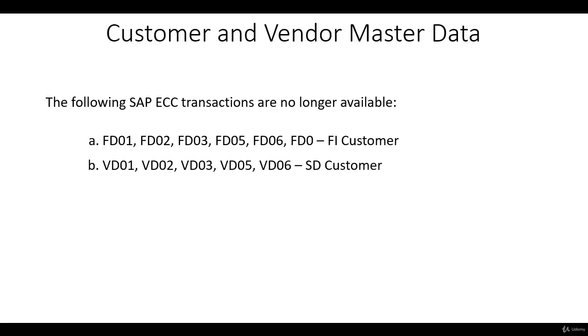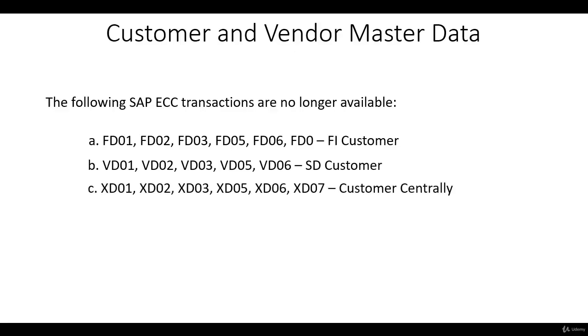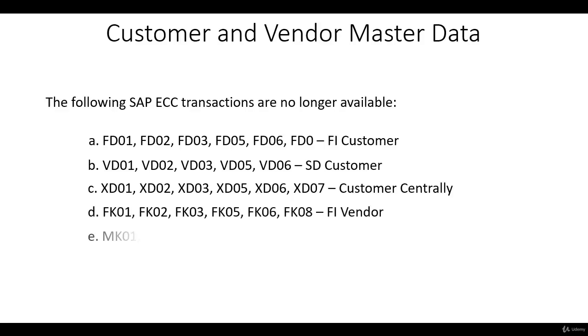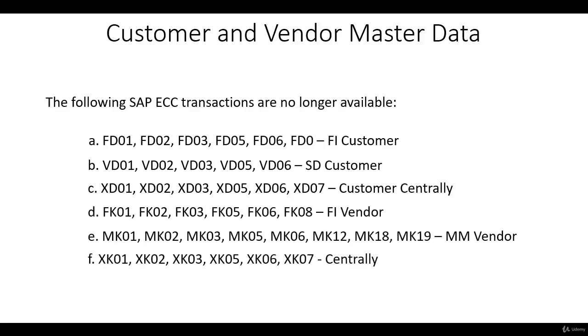So FD01, VD01, XD01, these transaction codes are used to create customer master in FI, SD, and centrally. Similarly, FK01, MK01, and XK01 transaction codes are used to create vendor in FI, MM, and centrally.